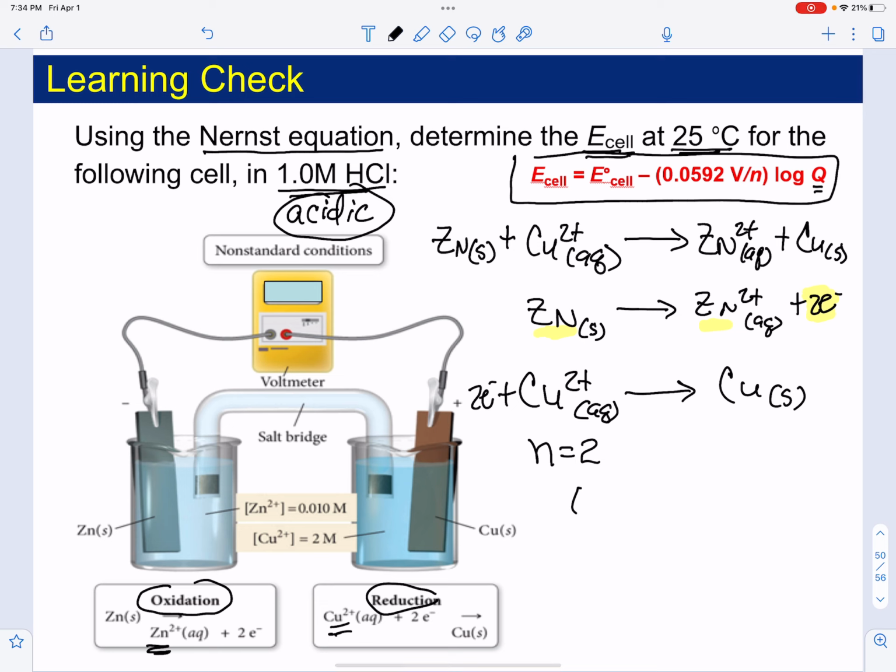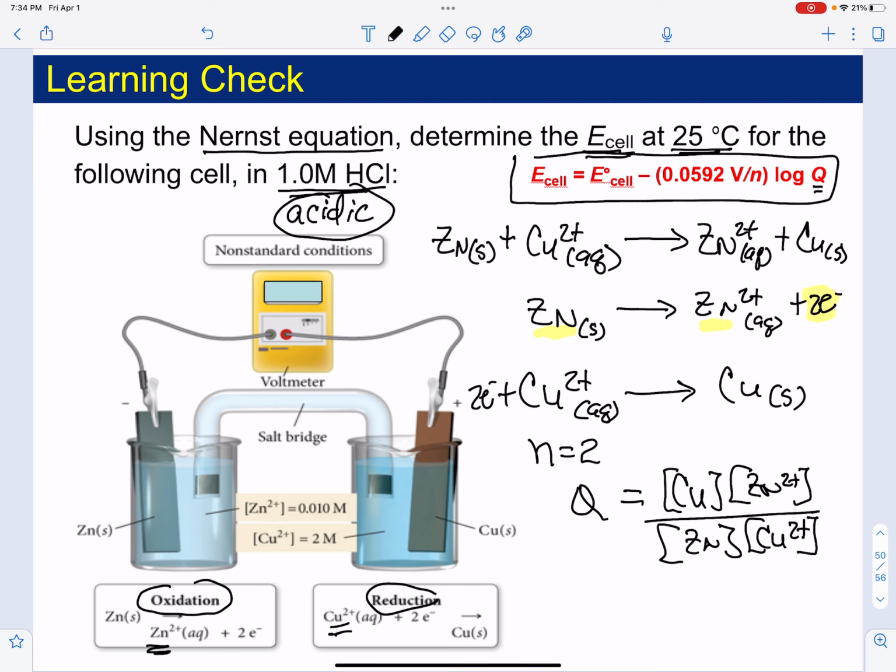And my Q is going to be products over reactants. So the concentration of copper and the concentration of zinc 2 plus over the reactants, zinc and copper 2 plus.